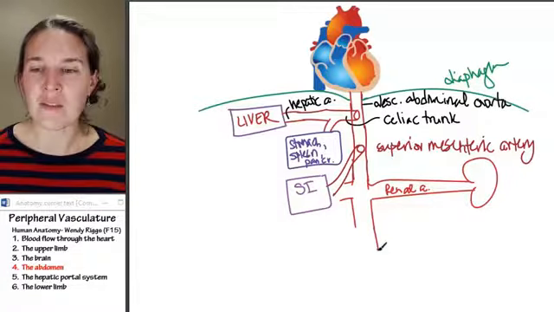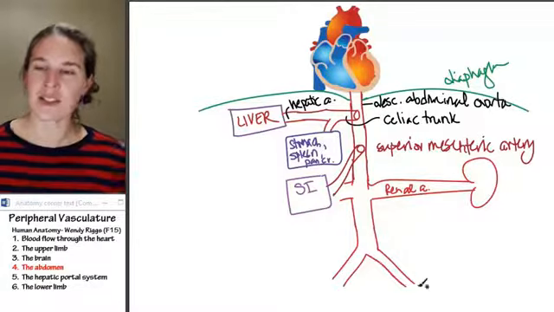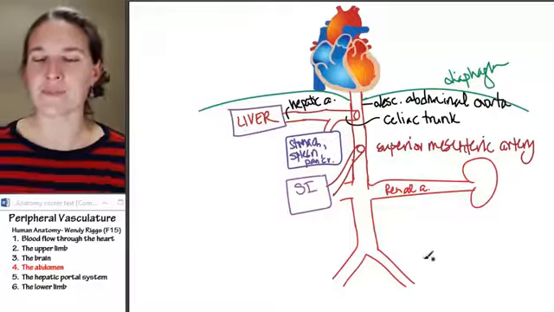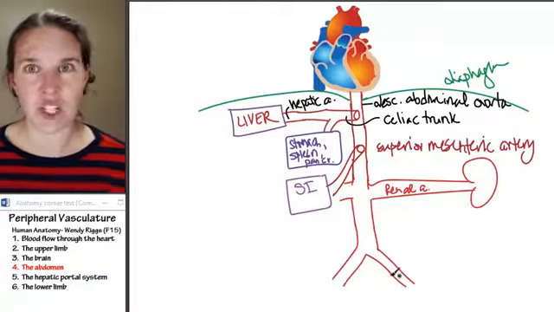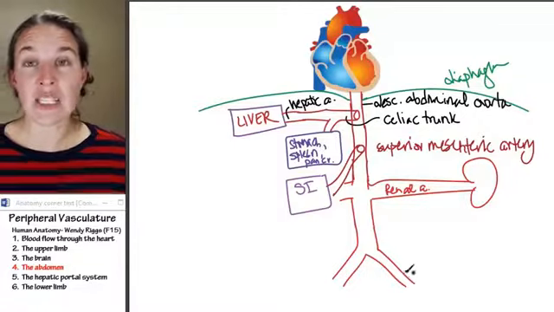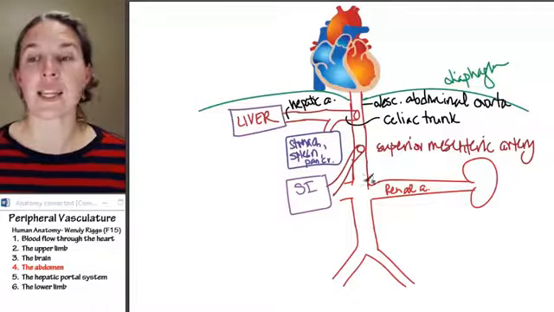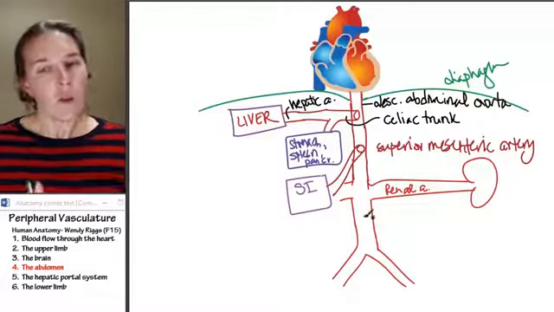At about that level, this guy branches into two different arteries. What? Now it looks like a little man, a little cyclops. What do you think these giant branches are going to do? Pat your legs because they are feeding your legs, and we'll talk about those guys when we get into the lower limb.